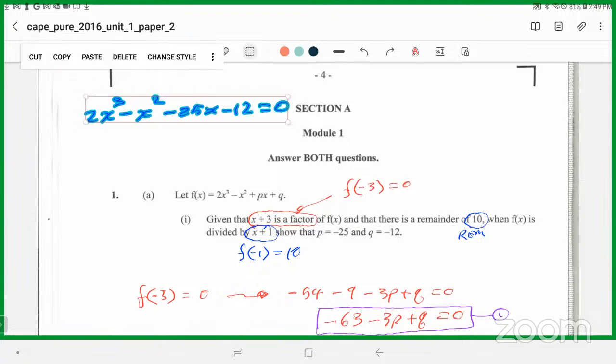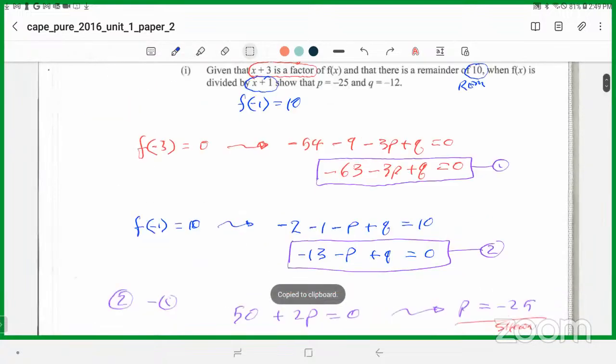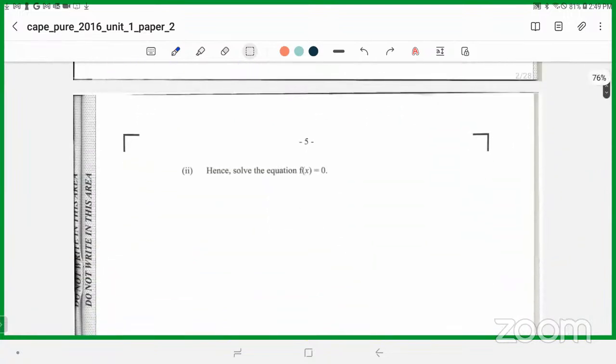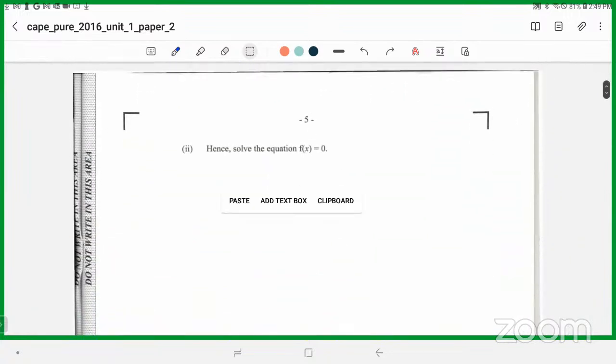So we're going to divide it by the factor that we have, which is the x plus 3. Copy it down. Divide it with the x plus 3.